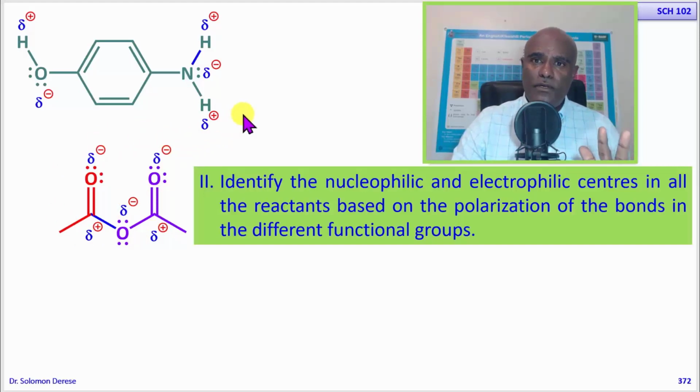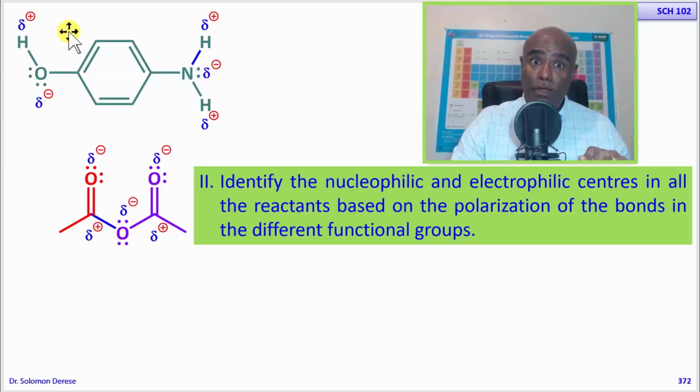The purpose of doing this is to identify. We know from step 1 there is a bond that is formed between this nitrogen and that carbon. Okay, between this nitrogen and that carbon. That's what we know from step 1. So when a bond is formed between this nitrogen and this carbon, which one of them acted as the nucleophile?